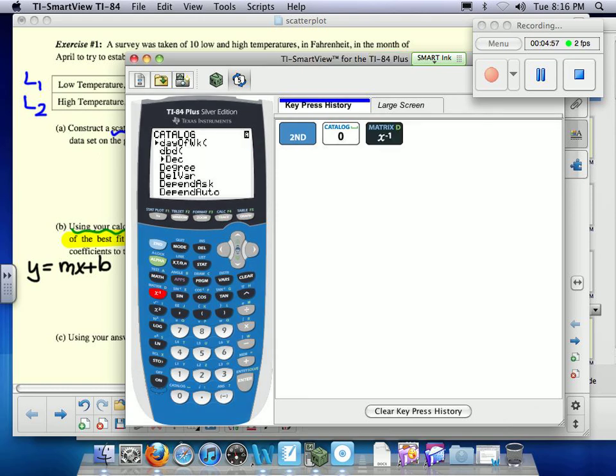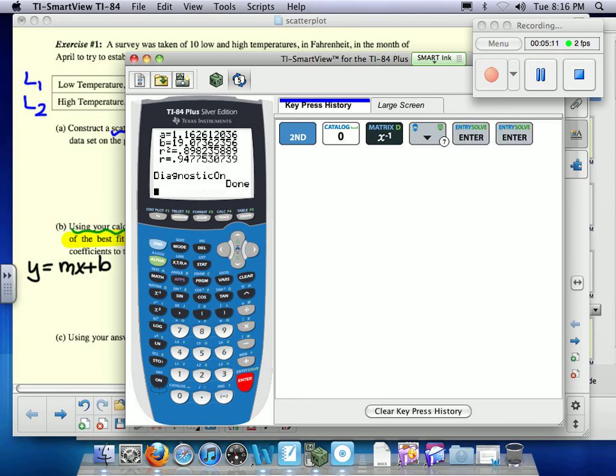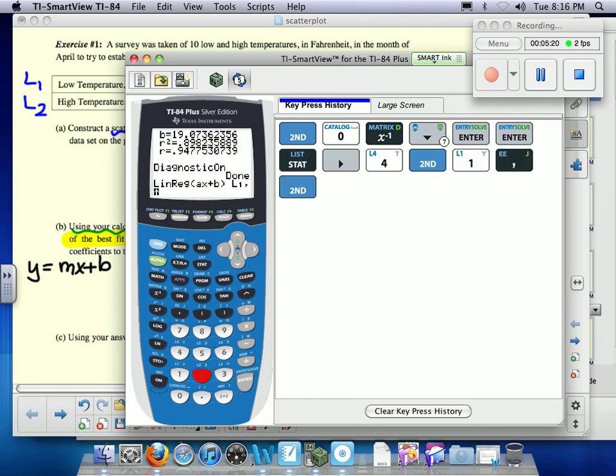Once we're in the D's, you go down until you get to diagnostic on. So 7 times down, push enter and enter. Then when you do stat, over to calc, line reg, list 1, comma, list 2, that R value will appear.